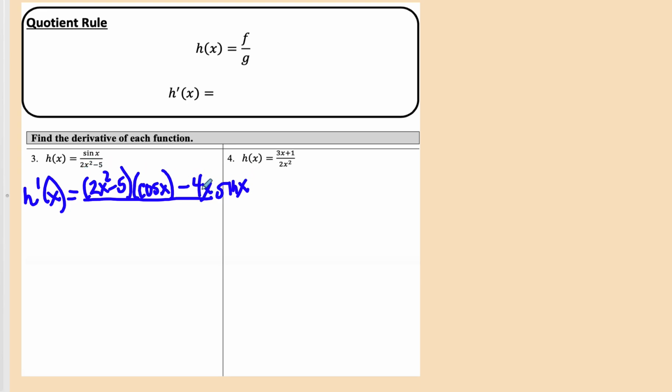I like to put that in front of the sine, all over 2x squared minus 5 quantity squared. Okay, and we can leave it that way, or you can distribute. I don't think there's very much you can put together here. Okay, stop the screencast and see if you can do number 4.